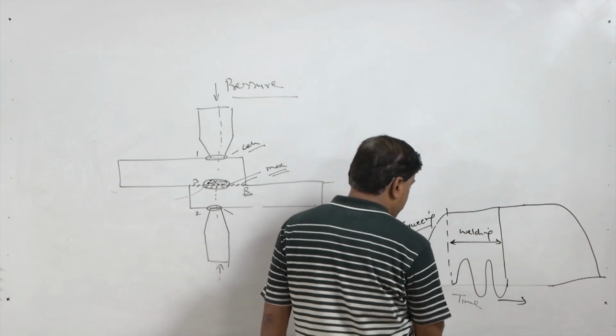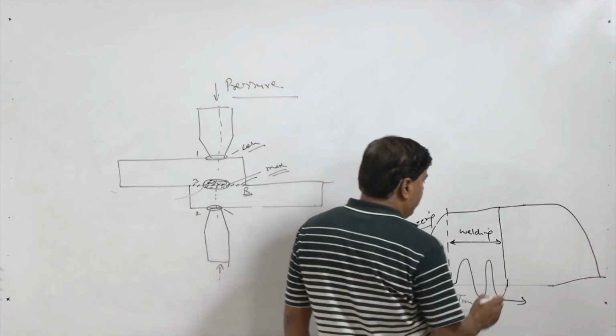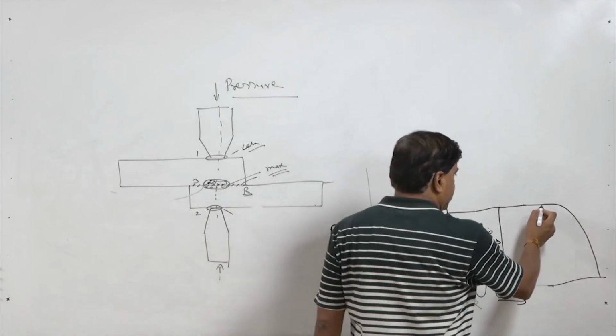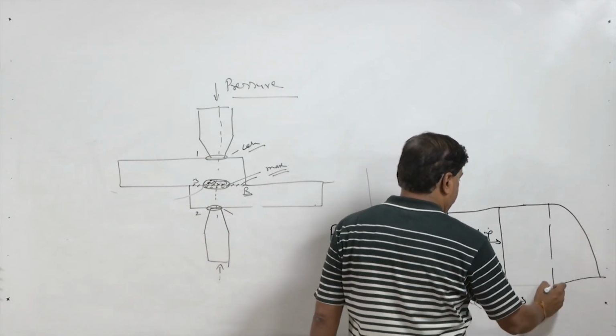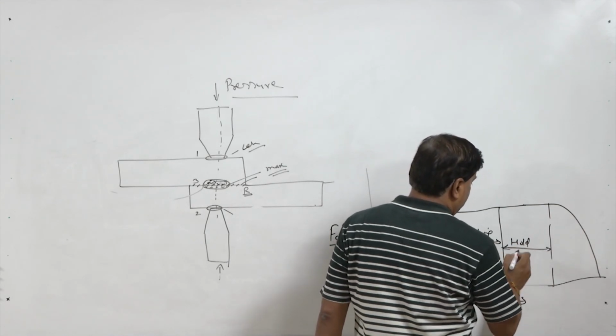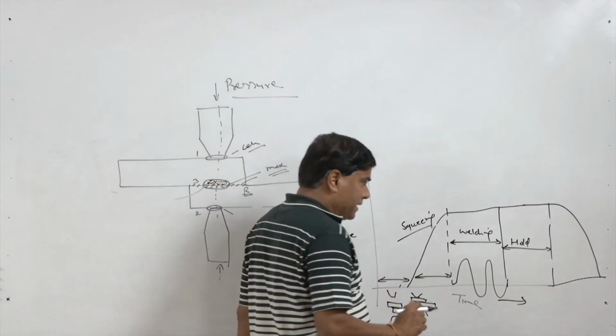First is squeeze time, where there is no current, then welding time, and thereafter it is kept under pressure for some time. This is called hold time, in which the nugget which has been formed solidifies under the pressure.